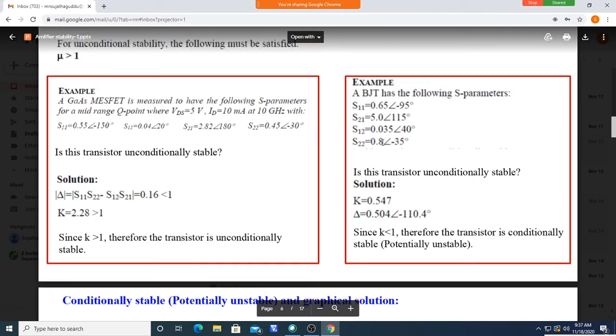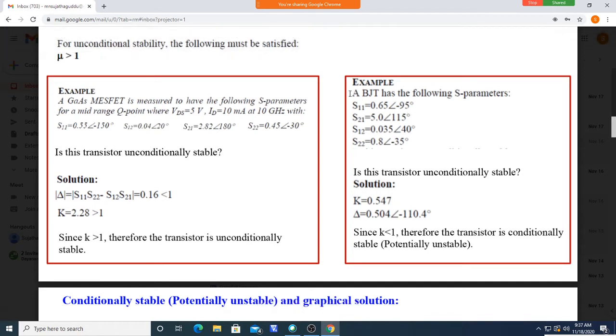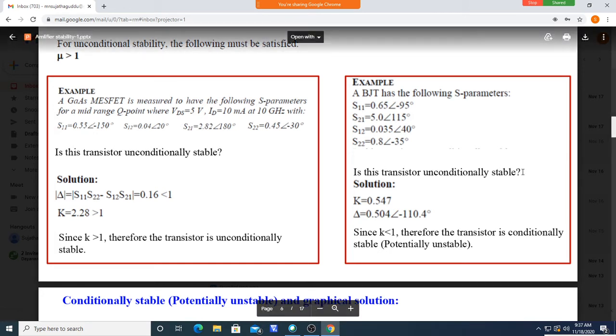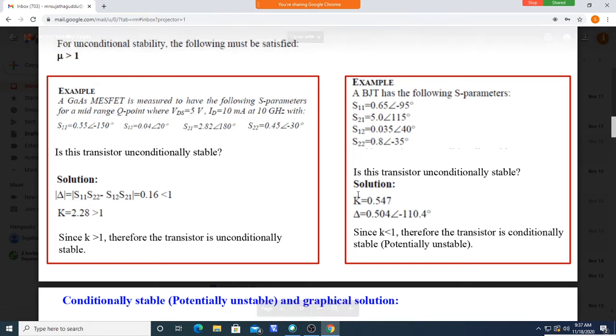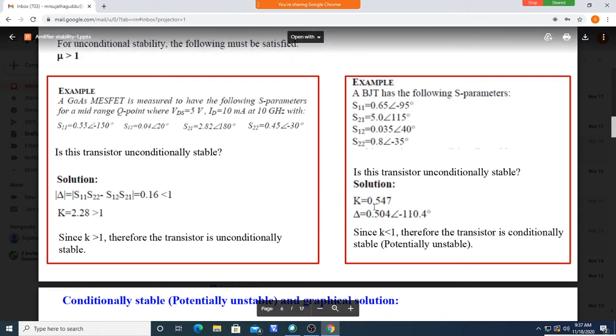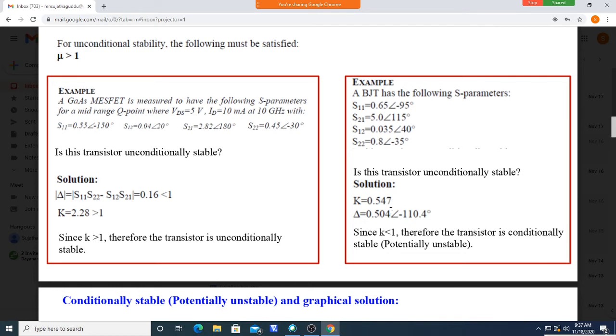But you can see another transistor example. A BJT has the following S parameters. Again, is the transistor unconditionally stable? You check K and delta again. For this particular transistor, K is less than 1.